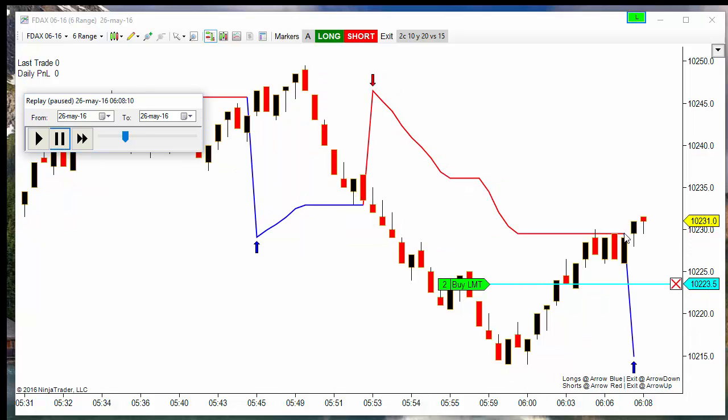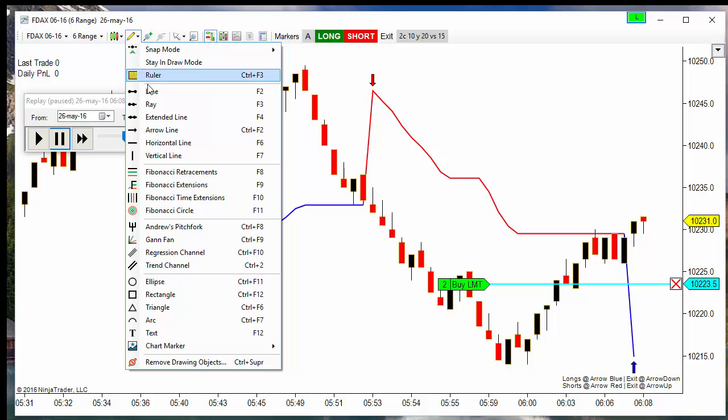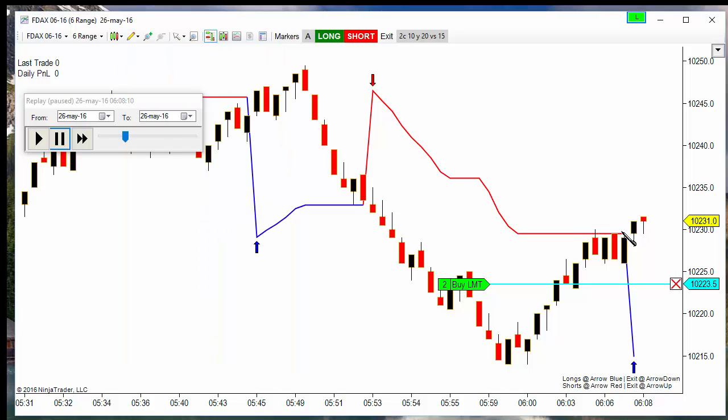We have a long, and we have the entry order, a buy limit, which is located 15 ticks from the high of the signal bar. 7.5 points is 15 ticks.